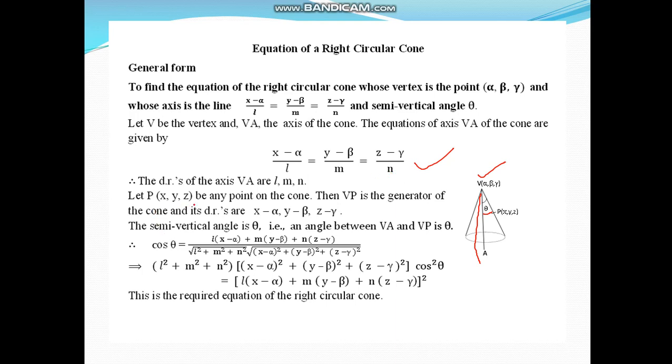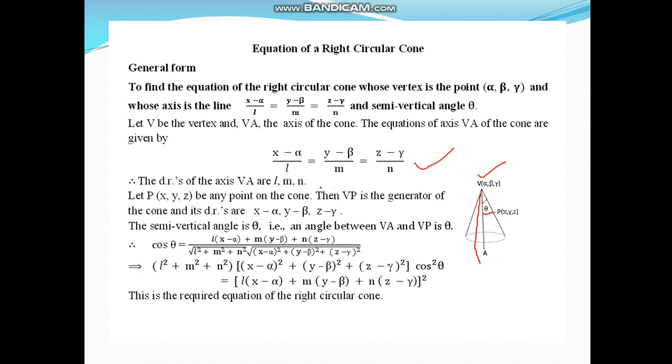Let P(x, y, z) be any point on the cone, then VP is the generator here. Its direction ratio will be x minus alpha, y minus beta, z minus gamma. If theta is semi-vertical angle, then angle between VA and VP is given by cos theta equal to (A1 A2 plus B1 B2 plus C1 C2) upon under root of (A1 square plus B1 square plus C1 square) into under root of (A2 square plus B2 square plus C2 square).